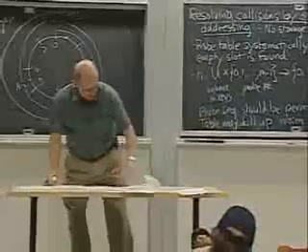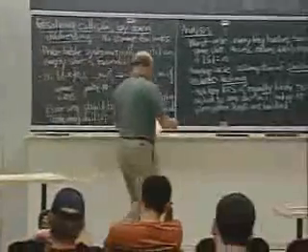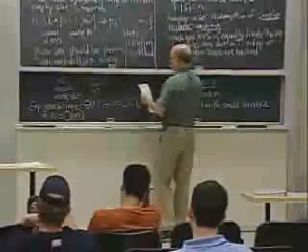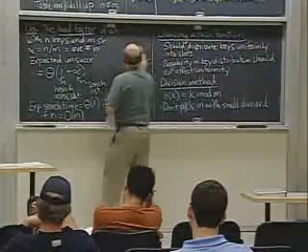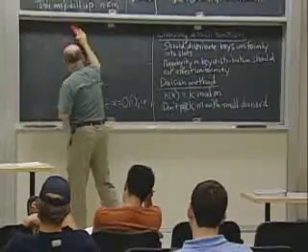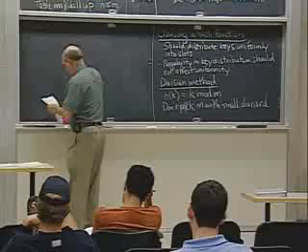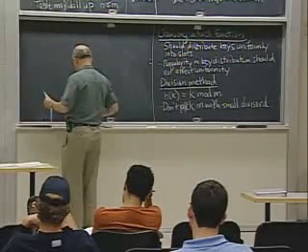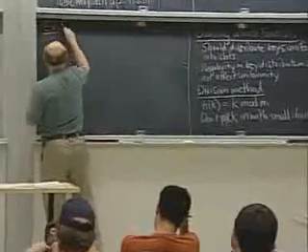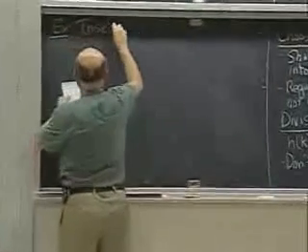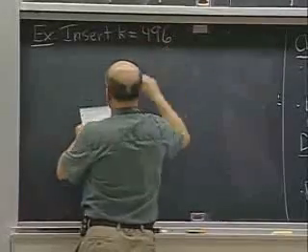So let's do an example, just so that we make sure we're on the same page. We'll insert a key K is 496.